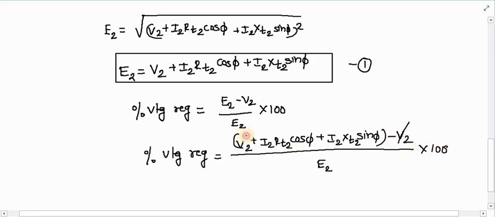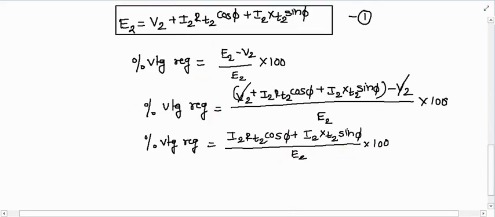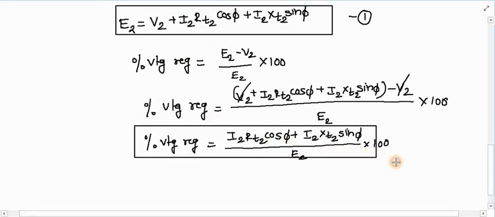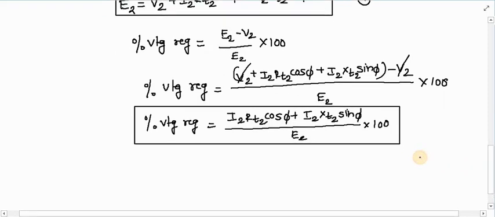So this V2 will get cancelled. Your percentage voltage regulation equals I2 RT2 cos of phi plus I2 XT2 sine of phi divided by E2 into 100. So this is the final expression for the voltage regulation that you will get from the approximate equivalent circuit of the transformer referred to the secondary side.